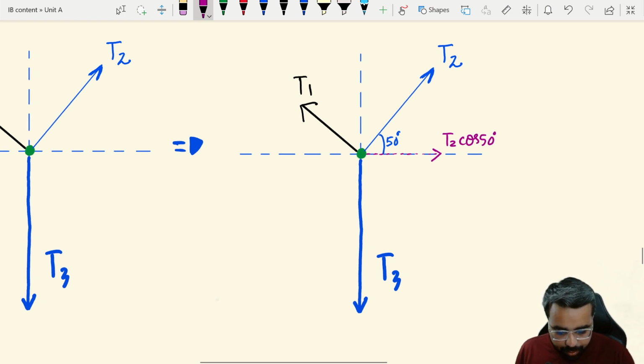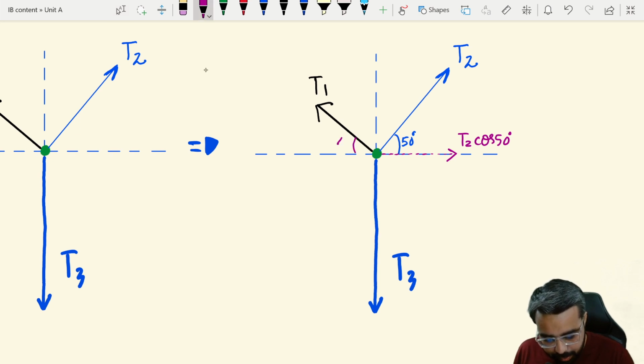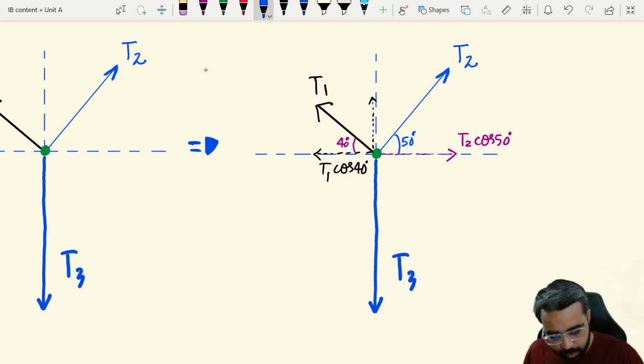All right, and this component towards the positive x-axis is balanced by its x component, which is T1 cos 40 degrees, whereas the other component is T1 sin 40, and this one is T2 sin 50 degrees.